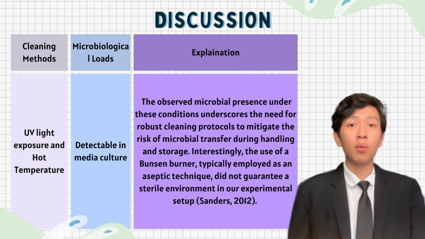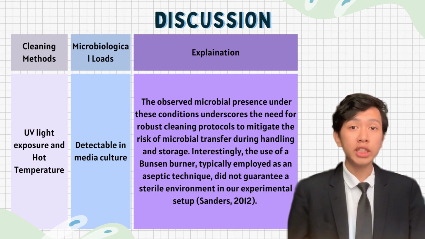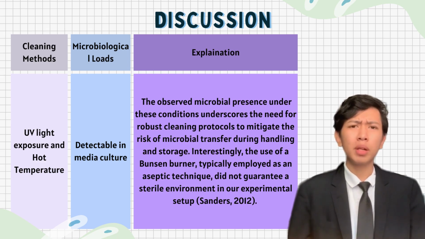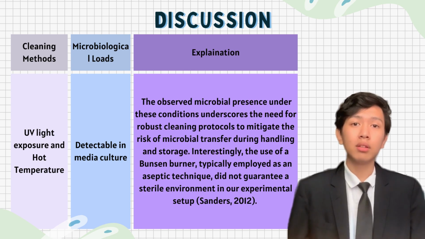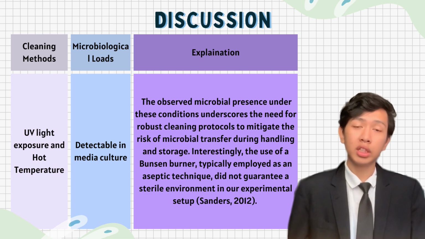This suggests that while cleaning methods play a crucial role, certain environmental conditions can still lead to contamination. The observed microbial presence under this condition underscores the need for a robust cleaning protocol to mitigate the risk of microbial transfer during handling and storage.